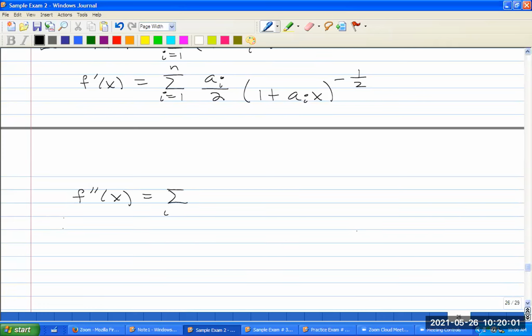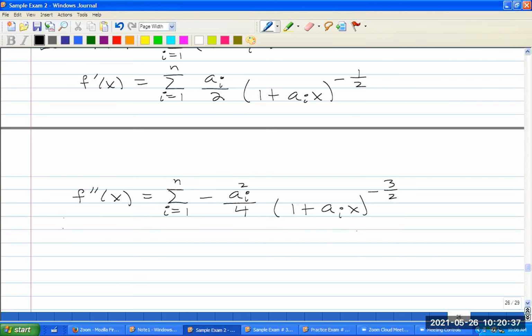So this is going to be the sum, i equal 1 to n, of, bringing down the negative 1/2 again, a negative 1/4 times 1 plus a sub i x to the power of 1 less, negative 3/2, all times a sub i. So that's a sub i squared.